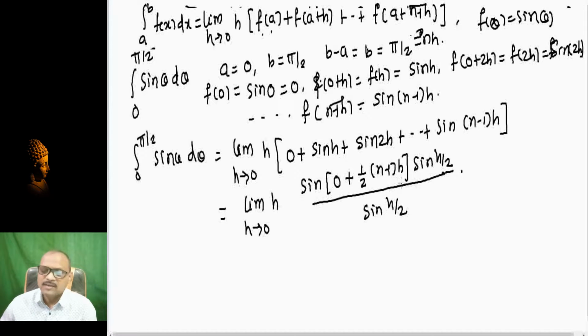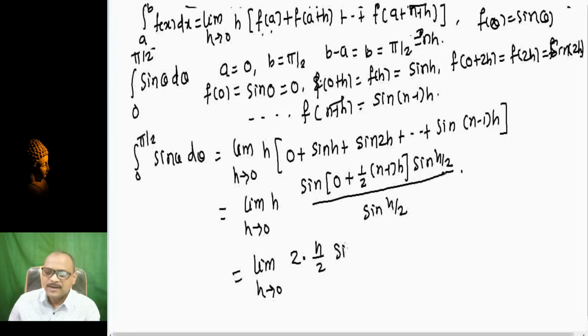Now let us make the adjustment. This is our limit h tends to 0. So we write it as 2 into h by 2. Now friend, we have used the standard form of the sine series.